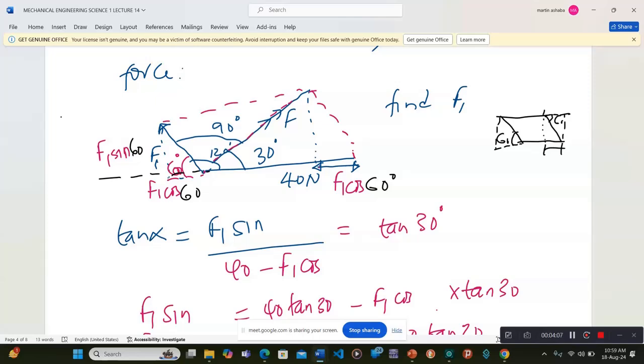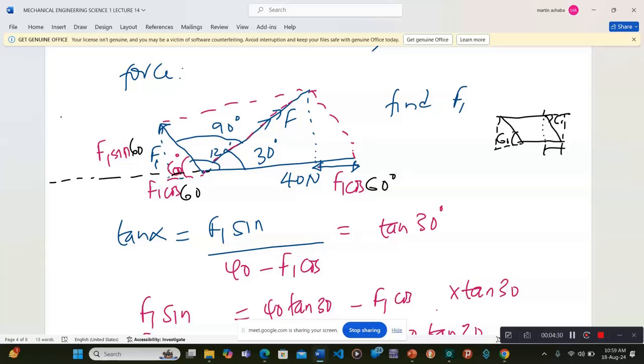If it was to make 120 degrees, then the components would actually vary. But since we can see, if I prolong, you remember the principle of transmissibility of a force. We said that if the line of action of the force is somewhere here, it can always be extended along that line of action.